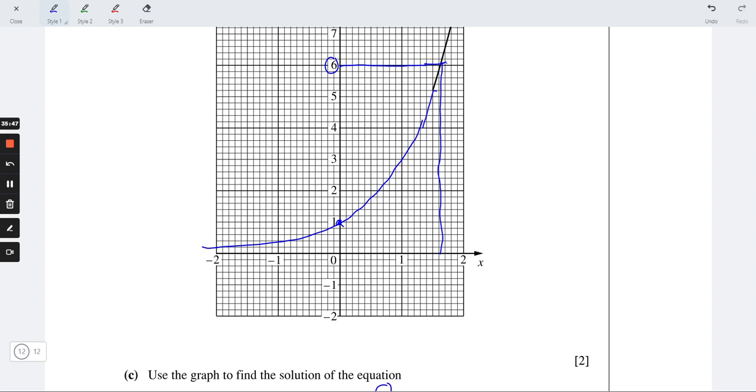So the value of x here is about 1.6 or 1.65.